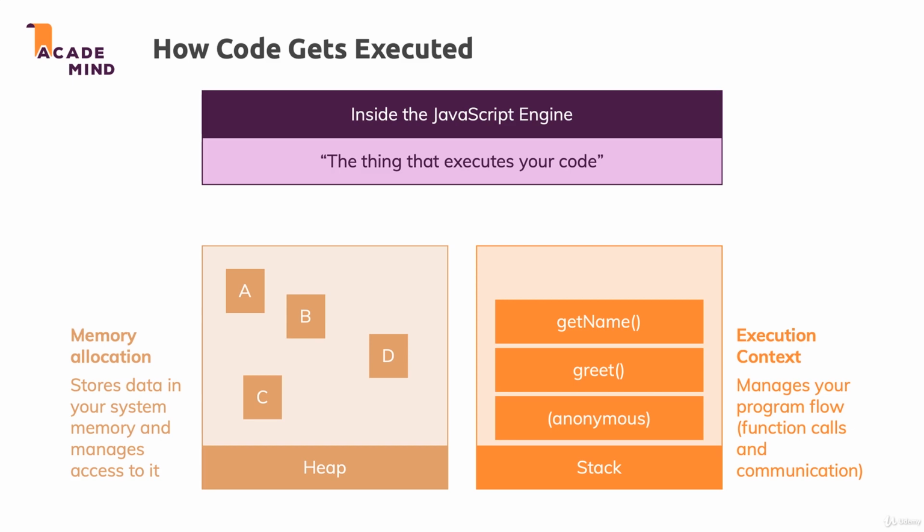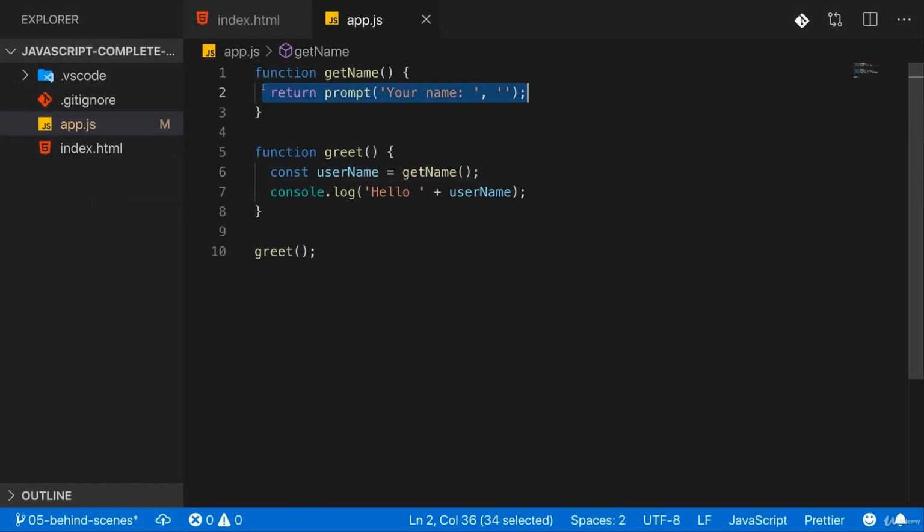So getName is running. Now what happens next? In getName, we return the value of prompt. Now, technically, we therefore also call the prompt function, which of course is not a function written by us, but a function provided by the browser, which we can access through JavaScript.